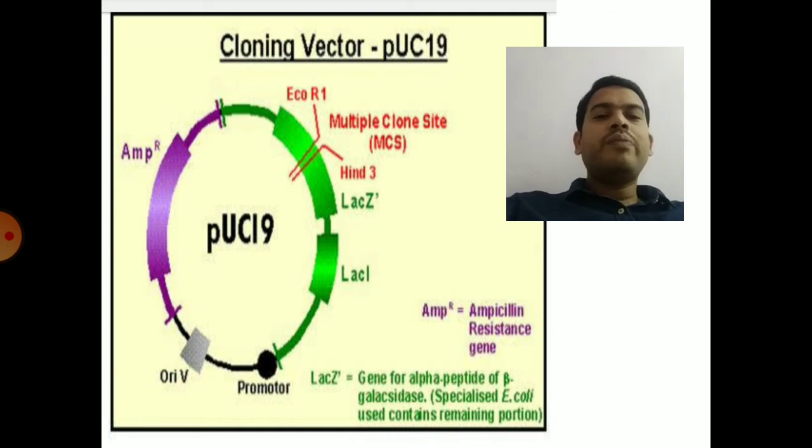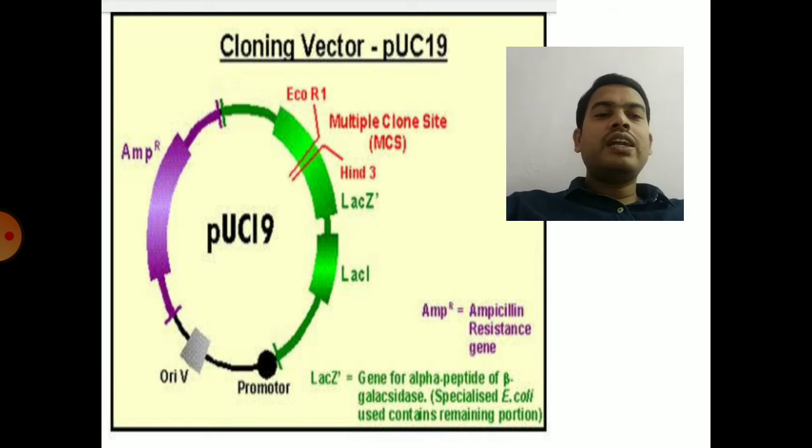That means at the multiple cloning site in the LacZ region, you will insert your foreign DNA. If you insert your foreign DNA at the multiple cloning site, then the LacZ gene is disrupted and beta-galactosidase is interrupted. So X-gal, the substrate used in the medium, is not cleaved, and then you will get white colonies. That means your foreign DNA has been inserted. Otherwise you will get blue colonies.